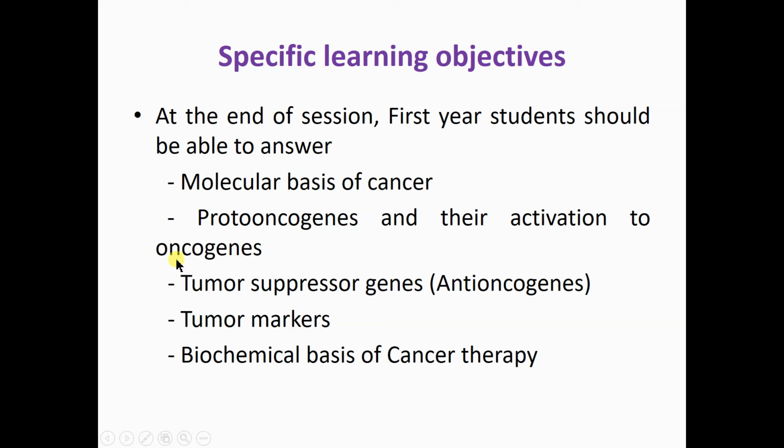Oncogenes may lead to the development of cancer, because their activation may lead to uncontrolled proliferation of a particular tissue's cells, and it may lead to a mass of cells containing abnormal genes like oncogenes. So that is known as cancer.